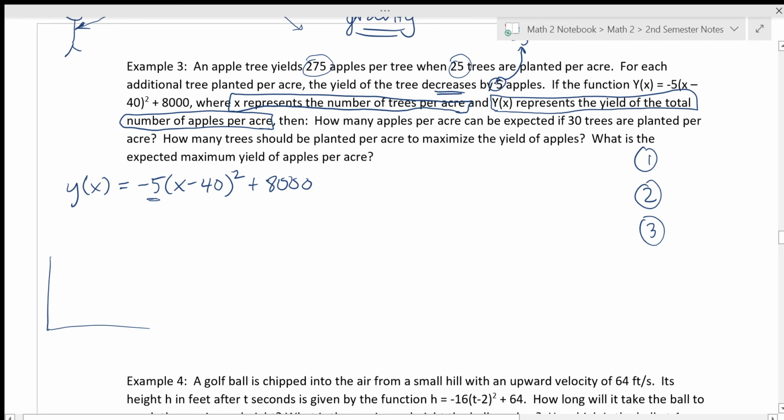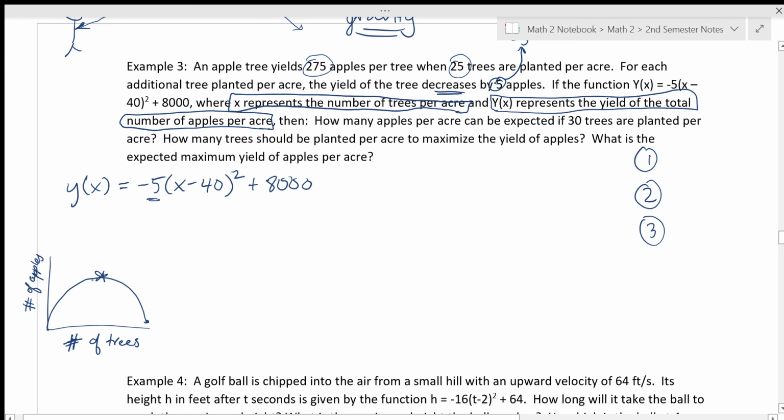I know that one of the questions is asking me about a maximum, right? How many trees should be planted per acre to maximize the yield of apples? So the number of trees per acre, they told me that x represents the number of trees per acre. So on my x-axis, this would be the number of trees, and y represents the number of apples. They told me that in the problem.